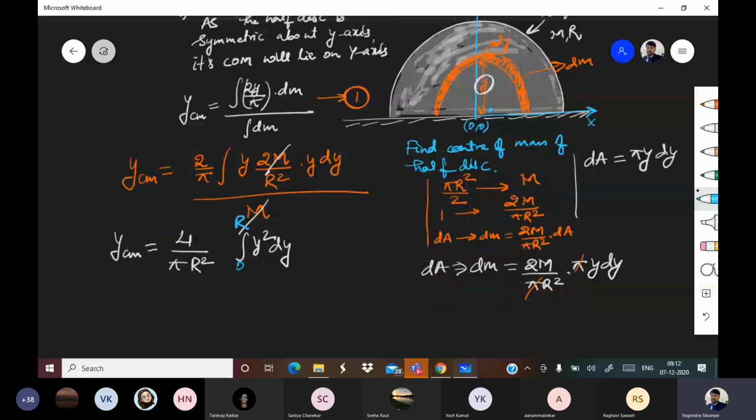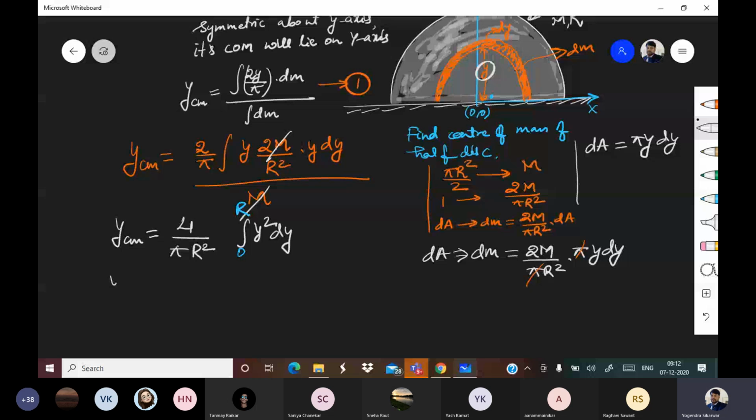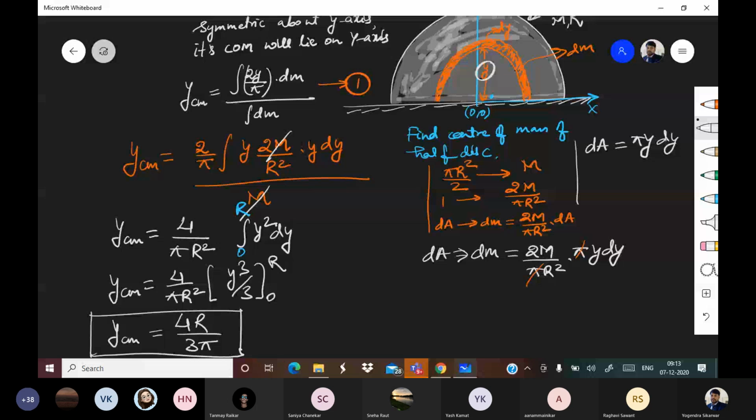Understood? So YCM comes out to be 4 upon pi r square. Integration y square dy will be y cube by 3, and the limit is from 0 to r. When you put the limit, you get 4r upon 3 pi. So that will be your y coordinate of the center of mass of the half disk.